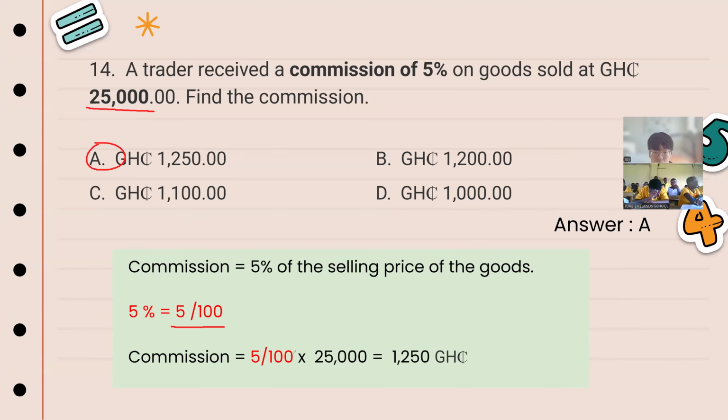And then we can cancel out the 100, cancel out two zeros. And then it's just 250 times 5. 250 times 5 is 1,250 Ghana cedis. That's why the answer is A.